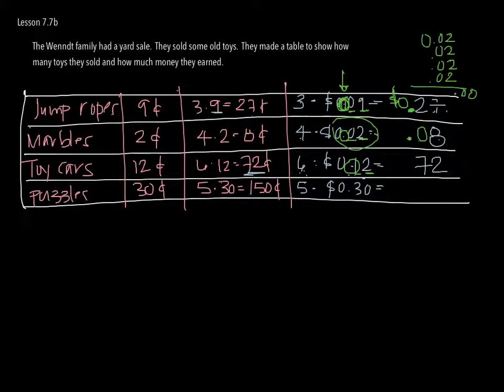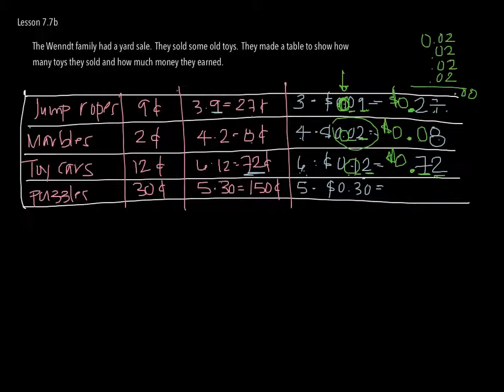Well, I'm going to count 1, 2, because right now we pretend that the decimal point's right here, so we're going to go 1, 2, and then we're going to put a decimal point right there. Or 72 cents. I should put my dollar sign in there. 72 cents.